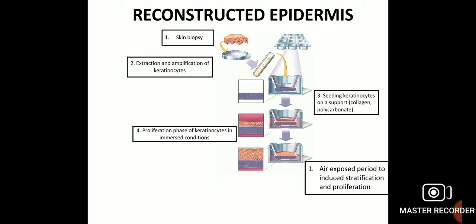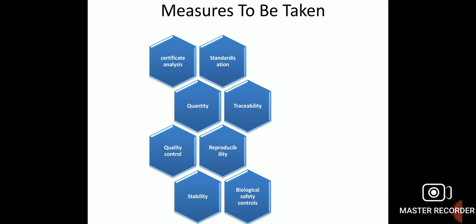Then the keratinocytes proliferate in immersed conditions with a suitable environment. And at last, before going to the actual experiment, air expose them to induce stratification and differentiation. This is how these cells are reconstituted.